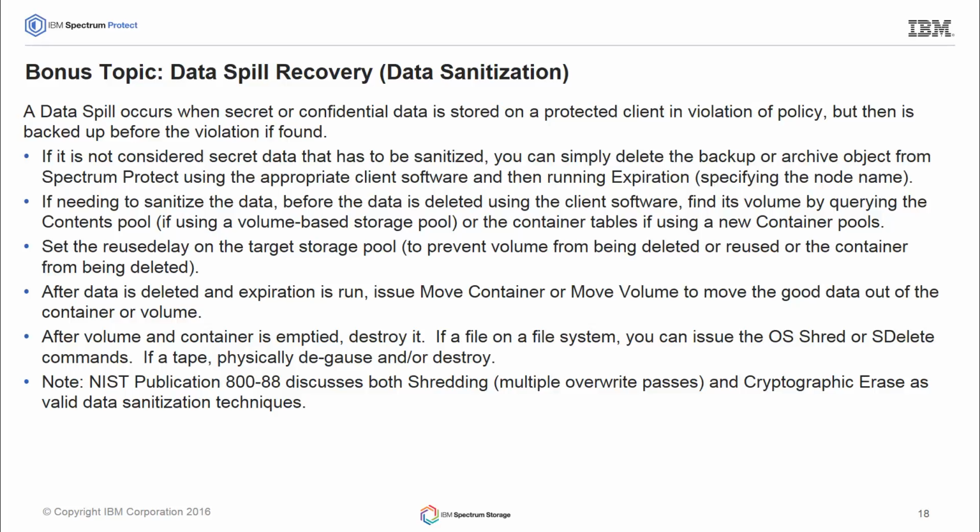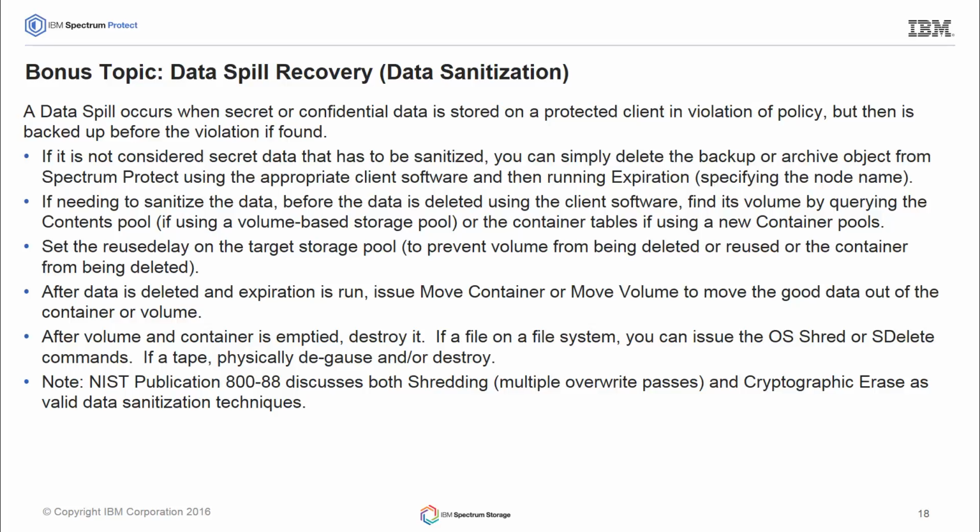If it's a deduplicated container pool, it's going to be a relatively complex list because you may have bits and pieces all over these different containers, and other data may reference those chunks, those extents. So you have to first figure out which containers contain the spill, which volumes contain the spill.